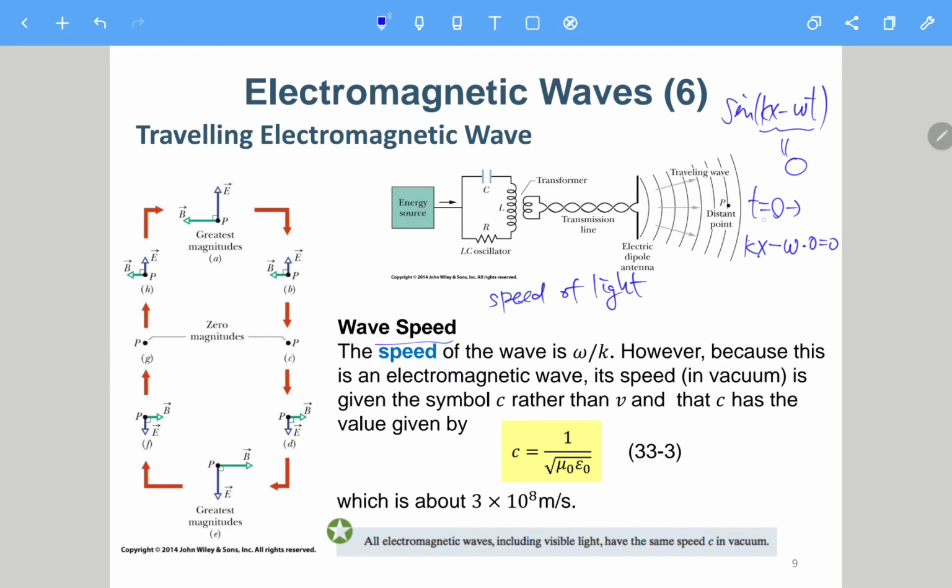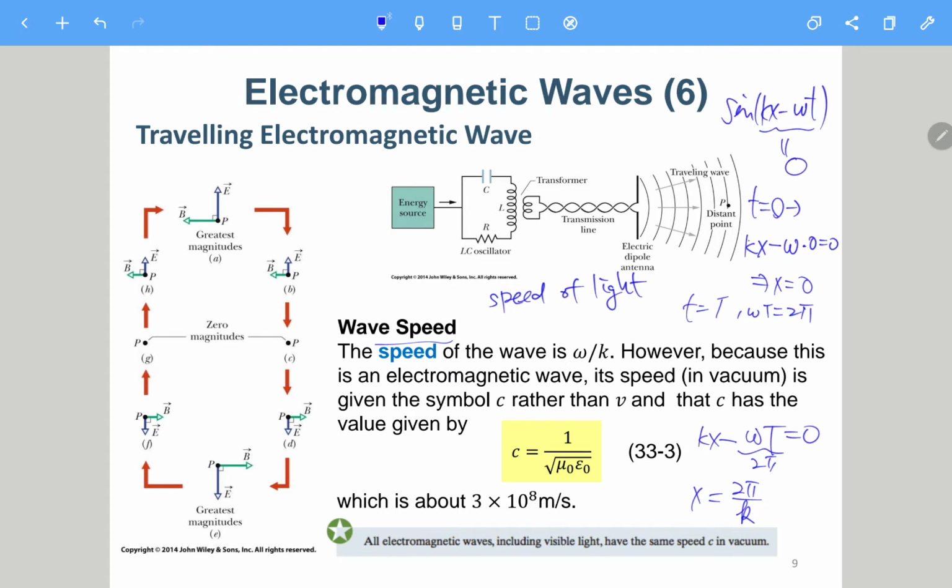Then we can solve x to be 0. If t equals t, then omega t should be 2 pi. Then kx minus omega t equals 0, so x is actually 2 pi over k.